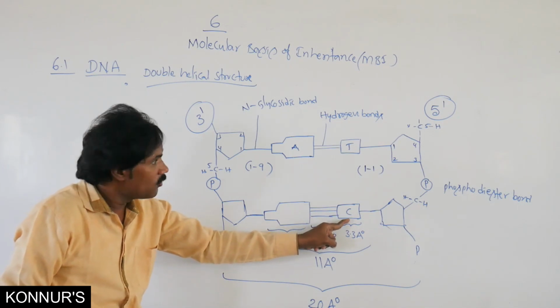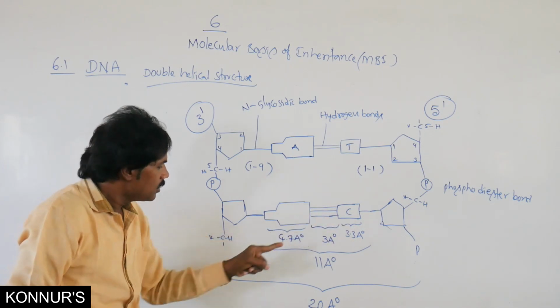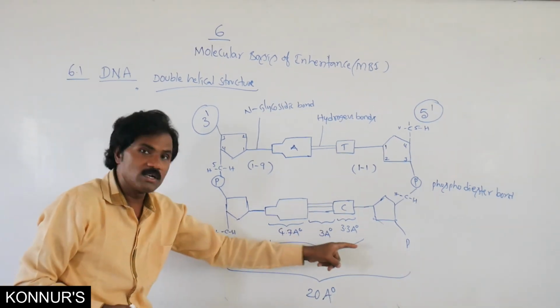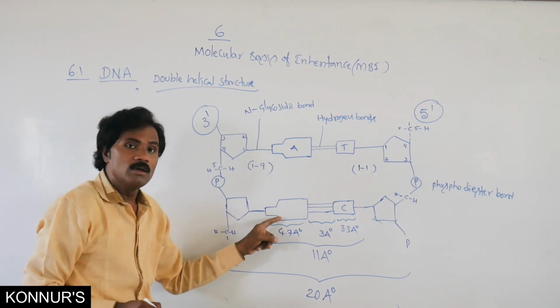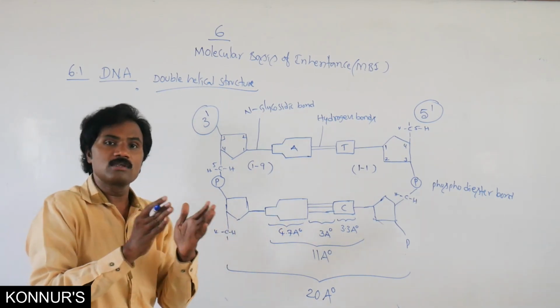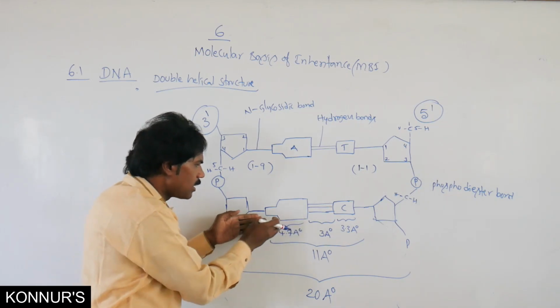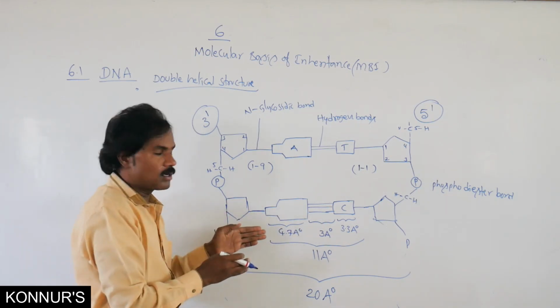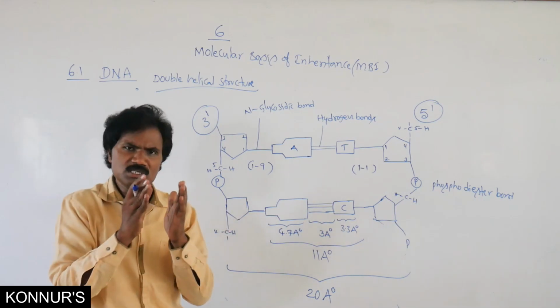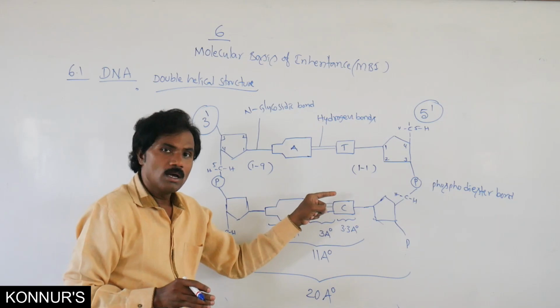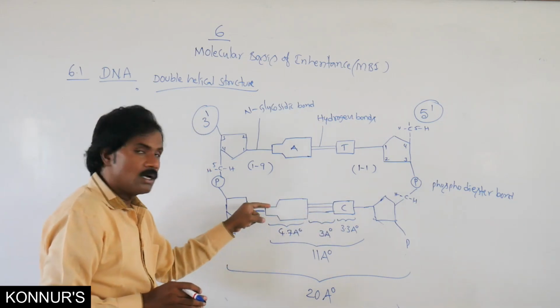Wherever pyrimidine comes, it is 3.3, and for purine 4.7. Because purines have two structures, one hexagonal and one pentagonal, they are a little bit elongated, whereas pyrimidines have only a single hexagonal ring, so the diameter is much less compared to purines.